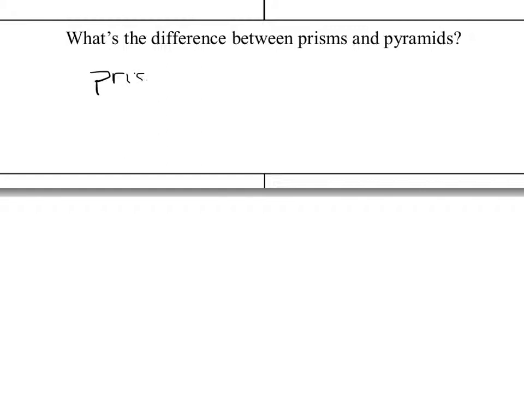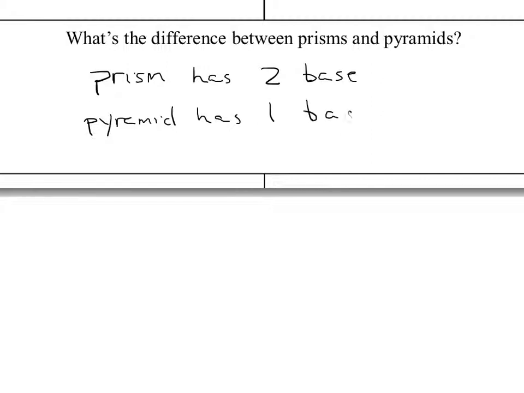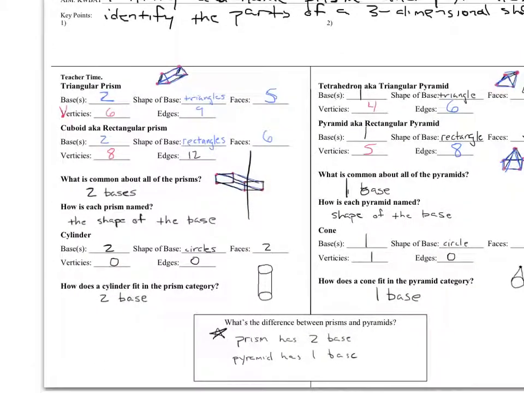Good. Excellent synthesis. A prism has 2 bases. And a pyramid has 1 base. So this is definitely one of our key points today. I'm going to put a star next to it. And I'm going to scroll back up to where my key points are. I'm going to put a star there.